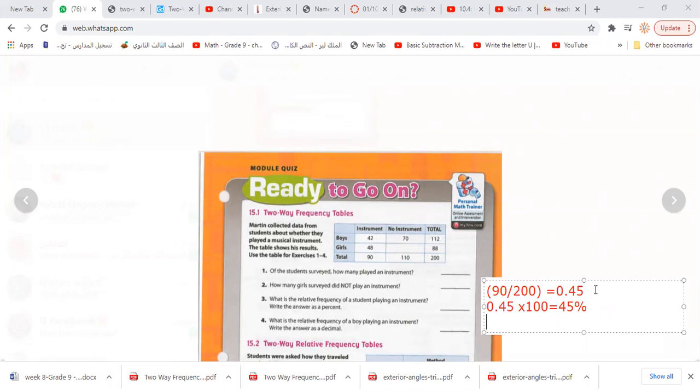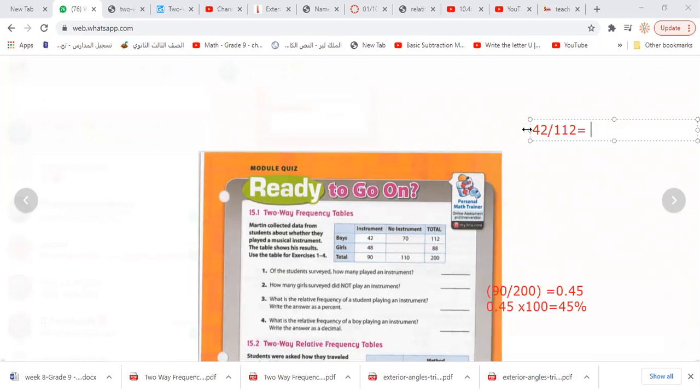How many boys are in this survey? The total number of boys is 112. And how many boys play an instrument? 42. Then to calculate the relative frequency of a boy playing an instrument, we use the boys category over the total number of boys: 42 over 112.